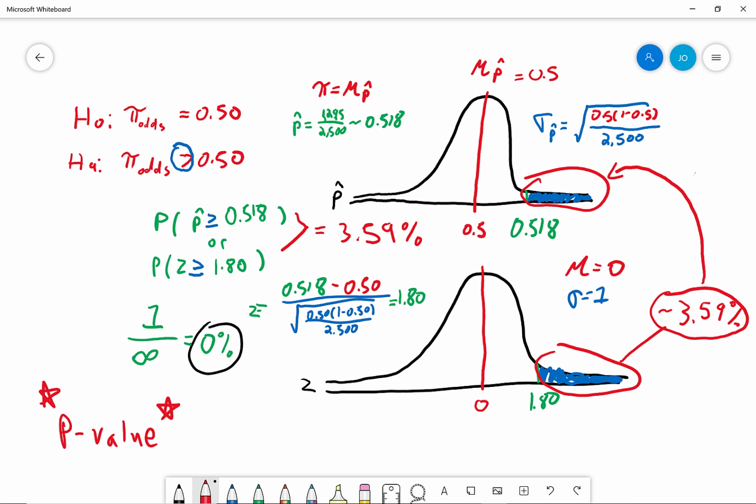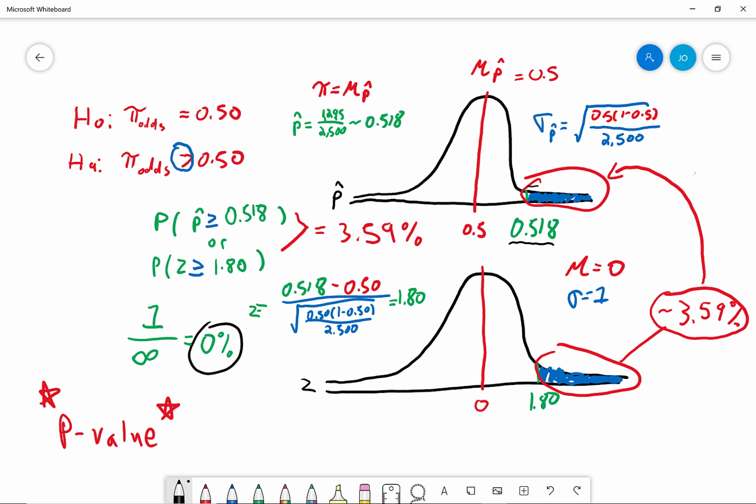And here's essentially what this is saying. There's a 3.59% chance that we would have gotten this sample proportion, 51.8%, 0.518. There's a 3.59% chance we would have gotten this sample proportion or one that is larger, right?